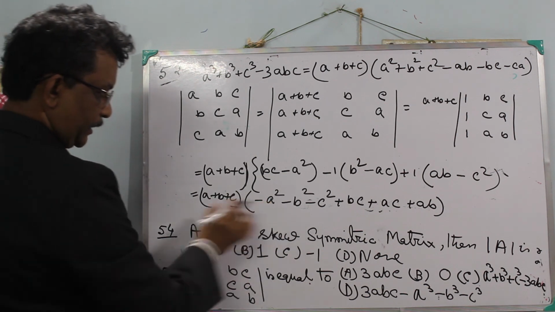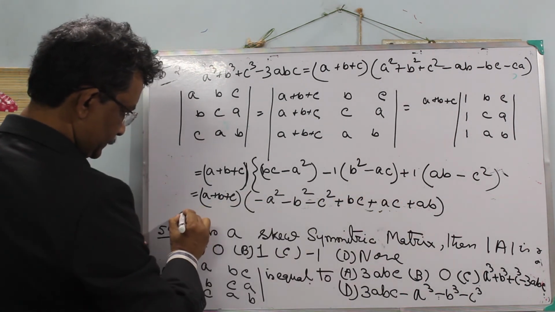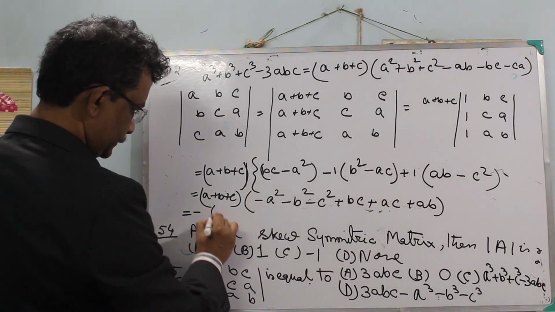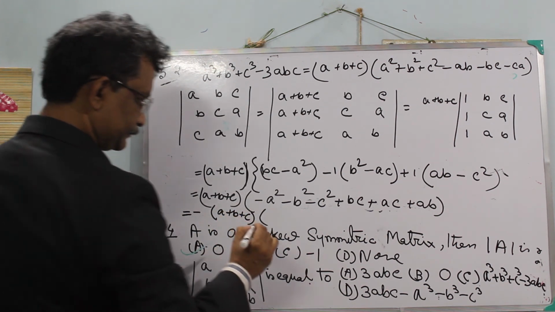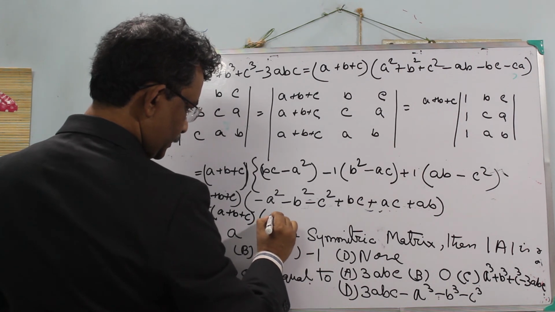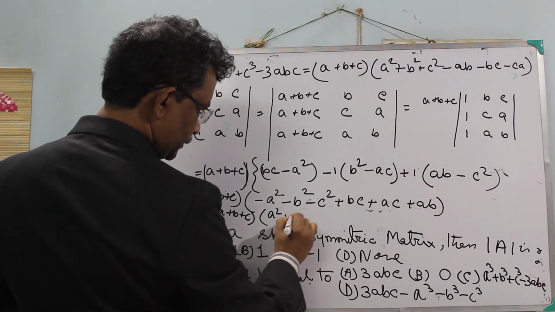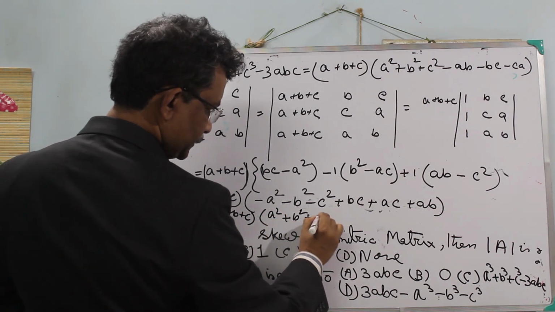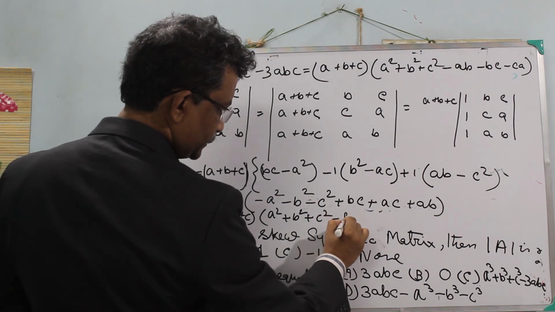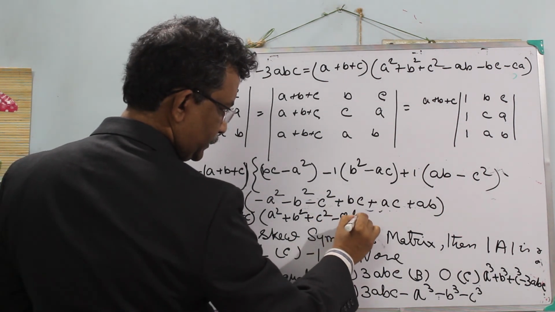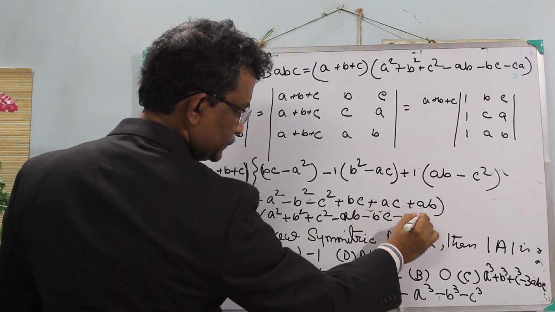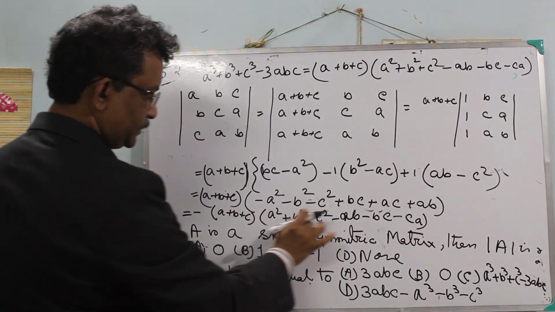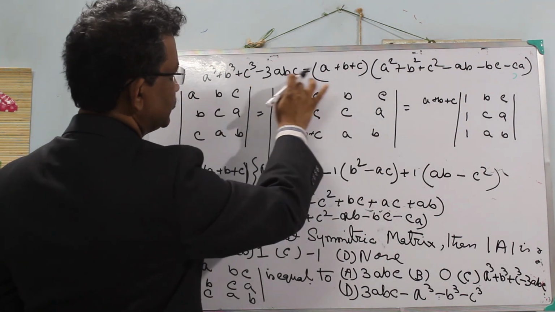If I take minus common from this, minus A plus B plus C into (A square plus B square plus C square minus AB minus BC minus CA). So this portion is identical to the identity.